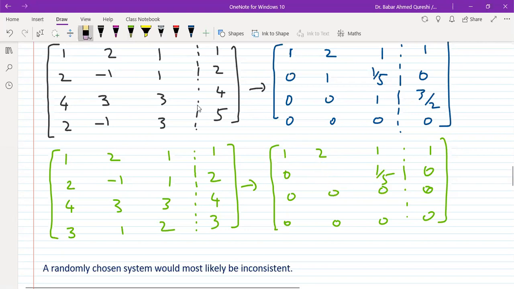If I had a 0 here, and a 1 here, and let's say to make it consistent, well, this is also consistent, but let me just change it a little bit. So now x2 is free because over here, this is the lead, and in the next row the lead comes at the third column.